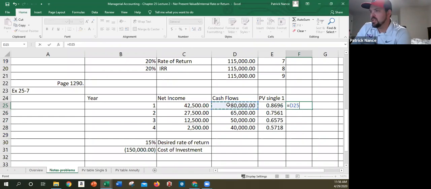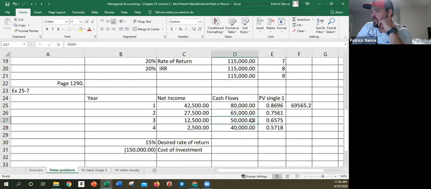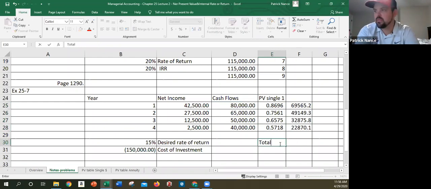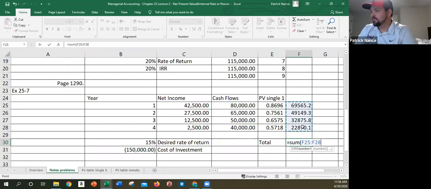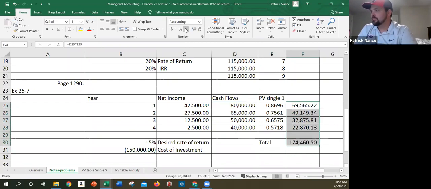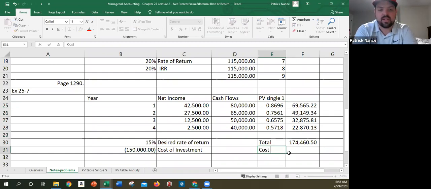And then I can take each individual year, the 80,000 times the year 1, 65,000 times year 2, 50,000 times year 3, 40,000 times year 4, and find the total of those. Okay, but then remember, I need to take out the cost of the project to actually find the present value.